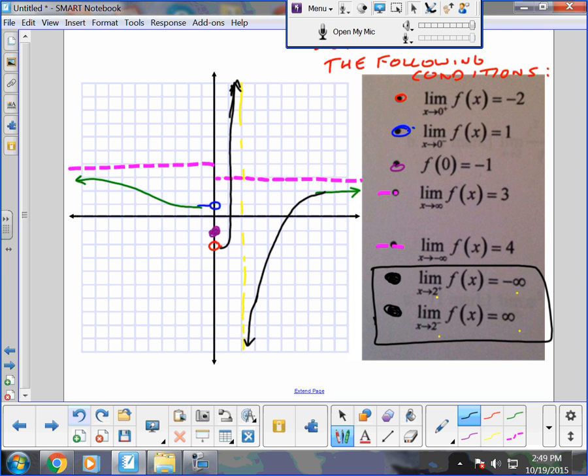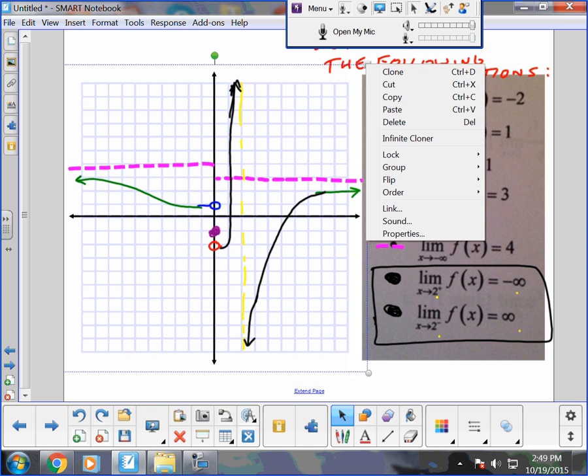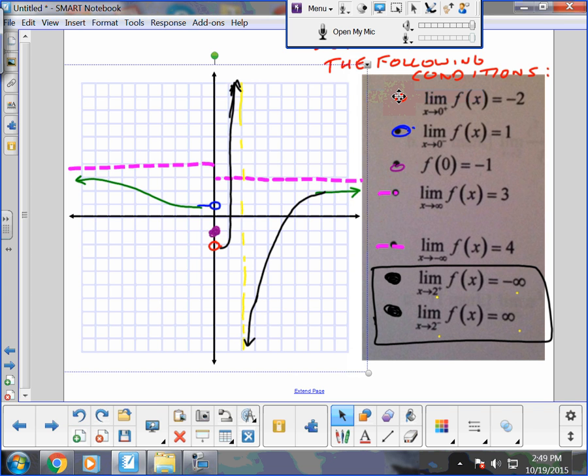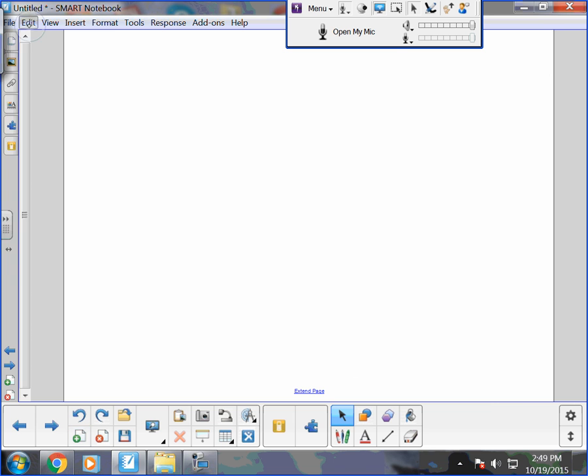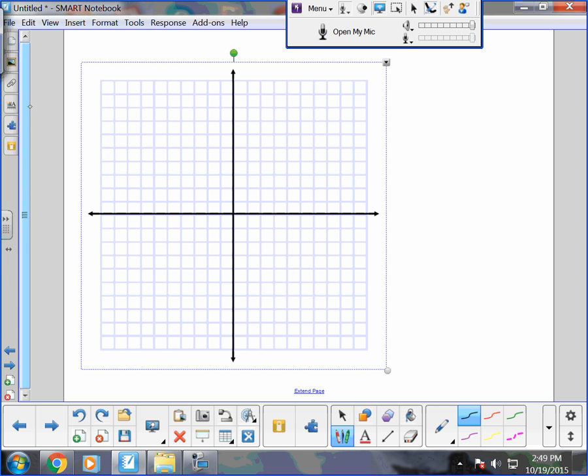All right. Should we try one more like that? Yeah? All right. Let's copy this. I'll put up some conditions. Limit as x approaches negative 1 of f of x is 3.